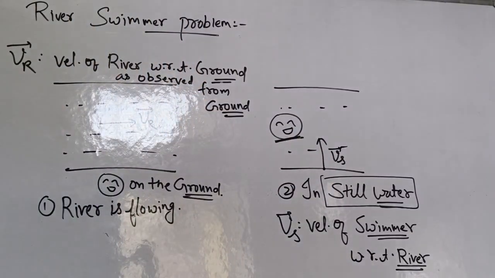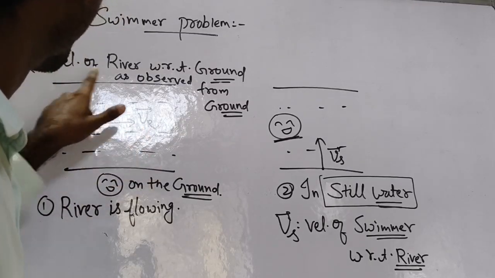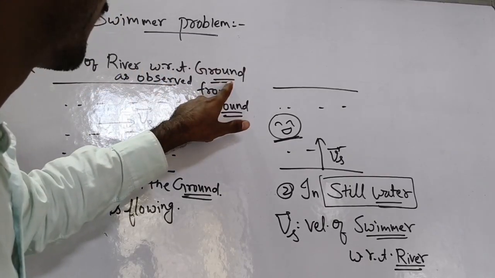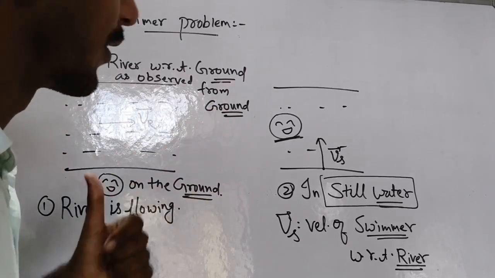Got it? So in the first case, the river is flowing. What is Vr? Vr is the velocity of the river with respect to the ground, or as observed from the ground.